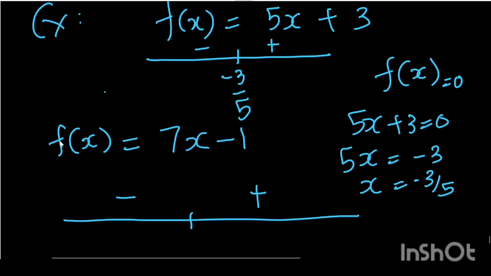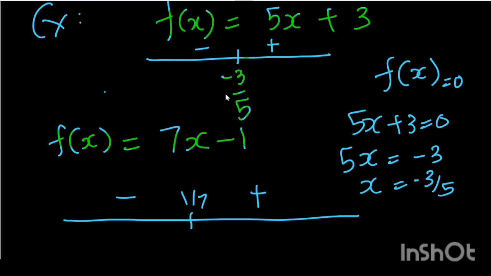What we did for 7x minus 1, this was the point, 1 by 7. So similarly for f(x) equals 5x plus 3, we got the point to be minus 3 by 5, guys.